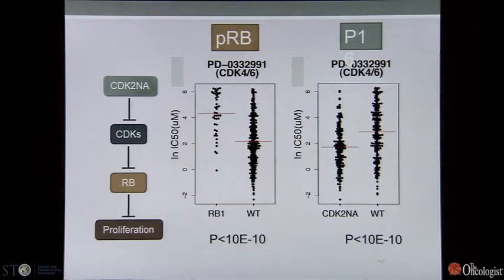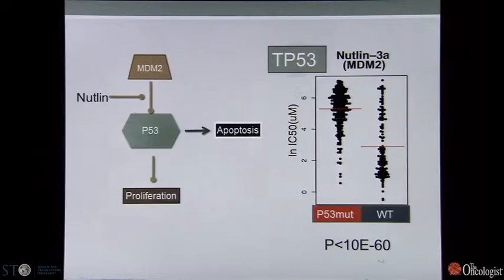With the same inhibitor here, as you might expect from the pathway topology, you get resistance in one case for RB and sensitivity in the other case for P16 mutation. And the same is true for nutlin, where nutlin is an inhibitor of the interaction between MDM2 and P53. P53 is degraded upon ubiquitination, and MDM2 is responsible for that. So when you have nutlin, you get stabilization of P53, and you might expect that if you're wild-type P53, you're going to be able to respond, and if you're mutant P53, you won't be able to respond.